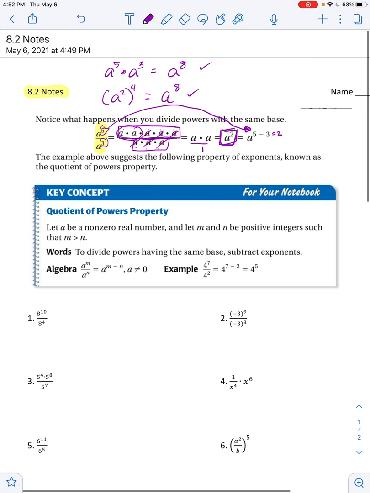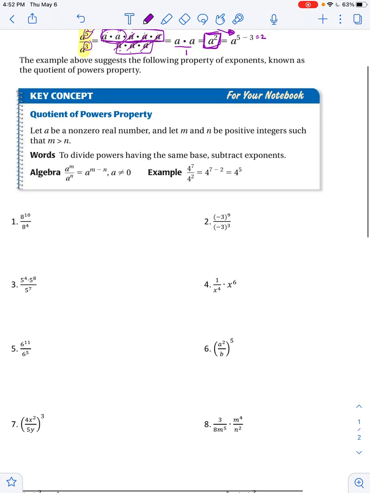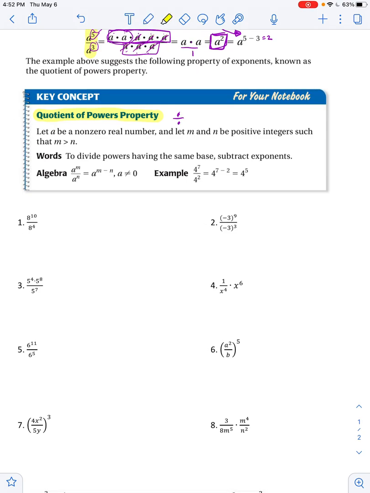So this is just going to be another new rule, but all the other rules still apply. The fancy way of saying this rule is the quotient of powers property, but think about what quotient means. It means the answer to a division problem. So again, that's how you know you're in this situation, is it looks like a division problem.